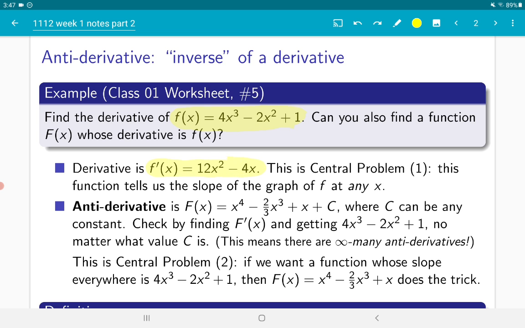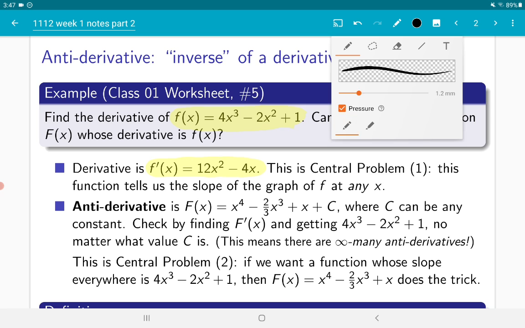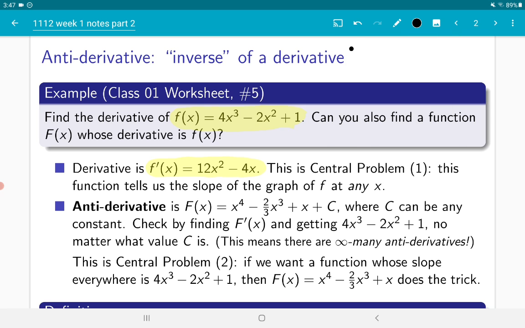I hope you know how to find that, specifically for a polynomial function like this. The power rule states that if the function I have is a power of x, like x to the n, then the derivative of that, f prime of x, says drop the exponent in front and shrink it by 1.